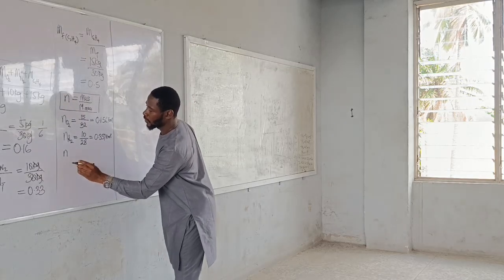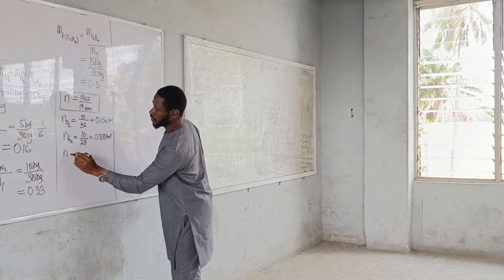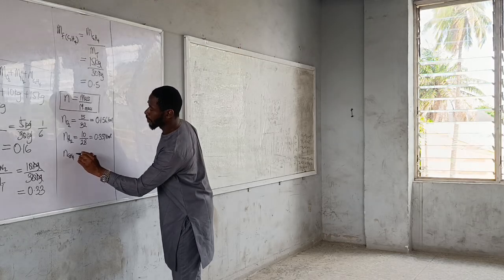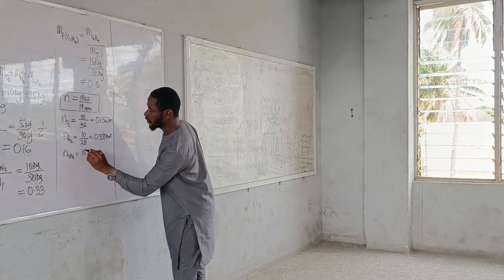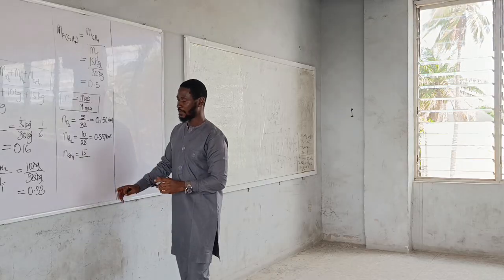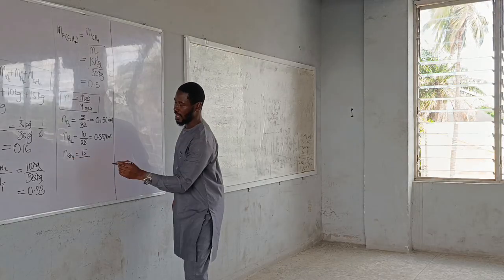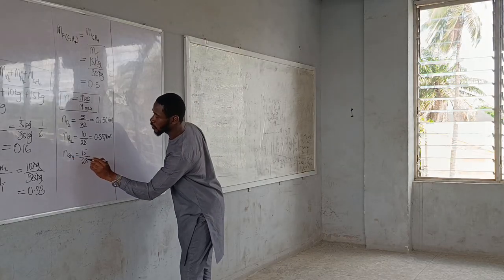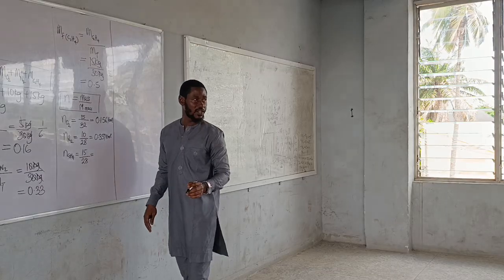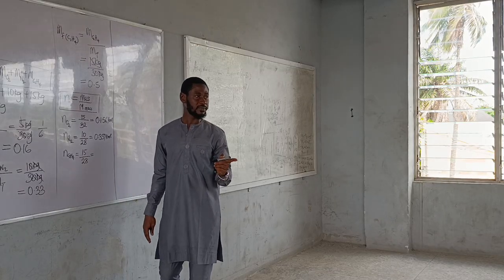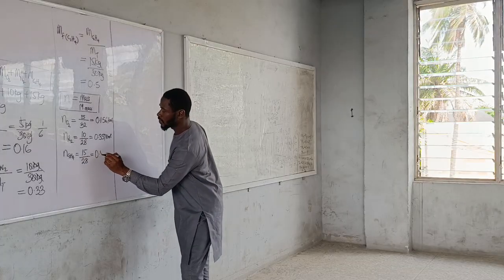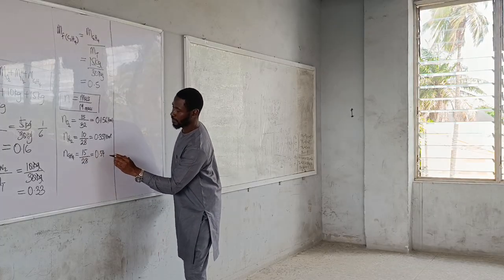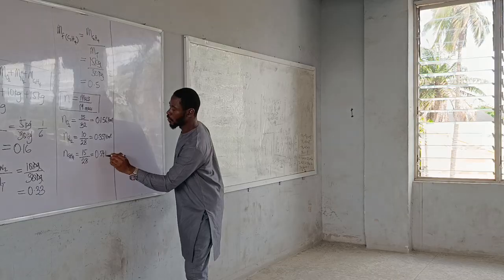Also, the number of moles of C2H4 is the mass of C2H4, which is 15, divided by 24 plus 4, that's 28. So 15 divided by 28 is 0.541 kilomole.